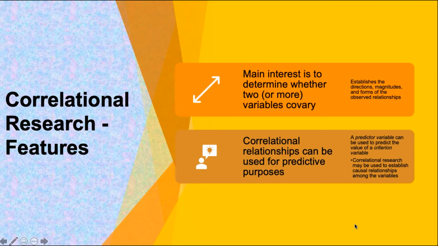So, correlation research belongs to a broader category called non-experimental research, which also includes designs not specifically aimed at identifying a relationship between variables. Correlation research involves observing the values of two or more variables and determining what relationship exists between them. So, in correlation research, you make no attempt to manipulate variables but observe them as they are.